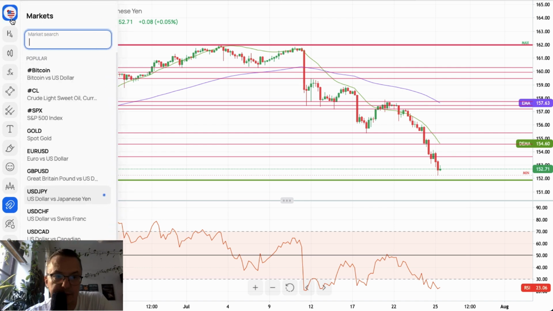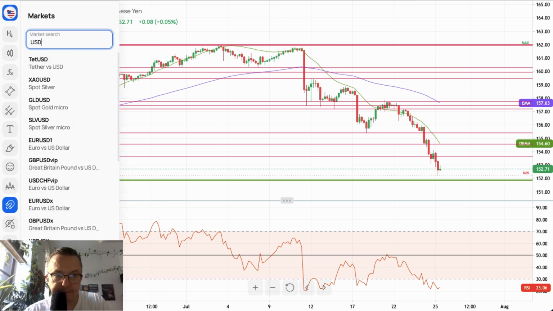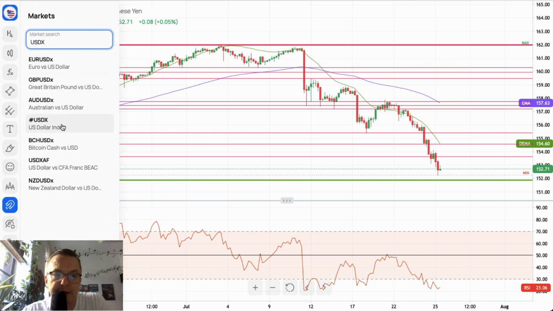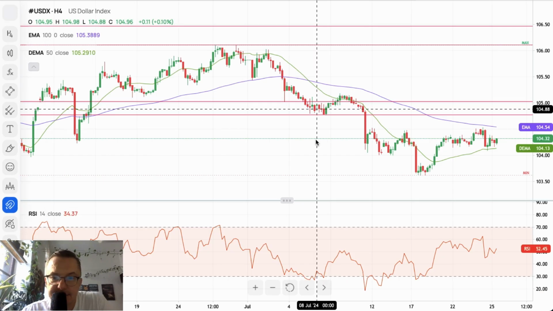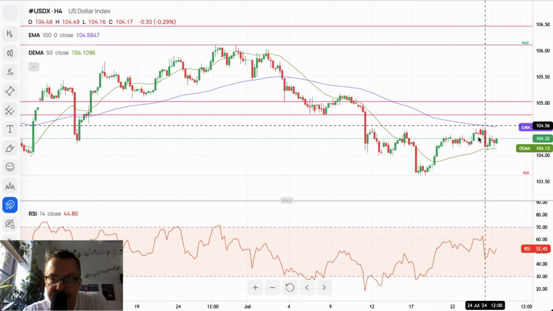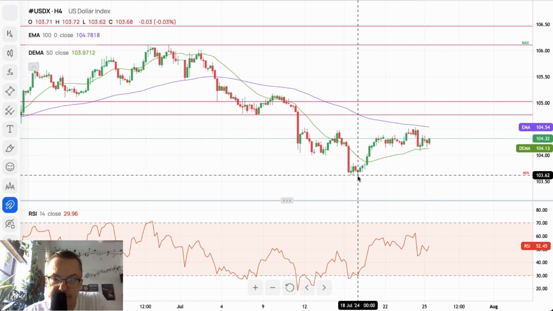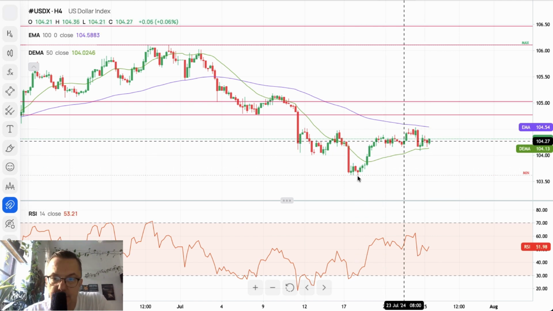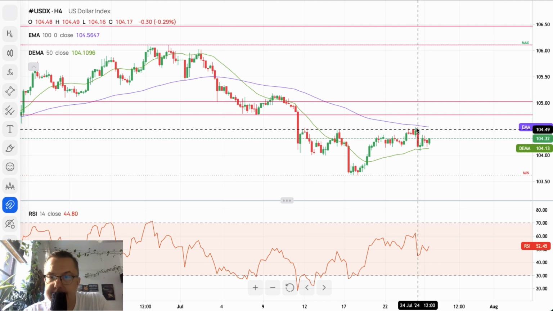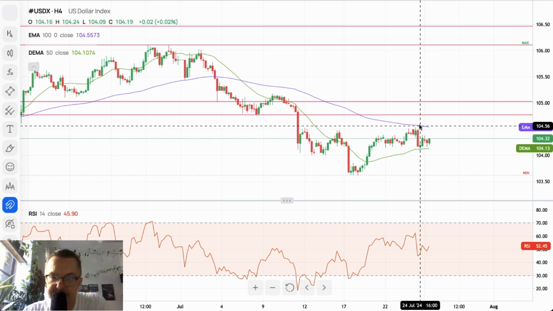Let's find out what the US dollar index is doing. It's all about the US dollar today. So the US dollar index on a 4-hour chart is trading again between the 50 and 100 period moving averages after some kind of a small bounce from the 103.62 level, and right now it doesn't actually look like there is a buying frenzy on the US dollar index.